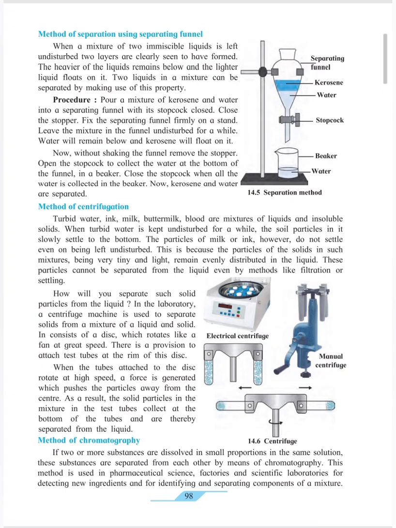Now let's discuss the method of centrifugation. The method of centrifugation requires a centrifugating machine into which the test tubes are fitted and which is then rotated. The heavier substance present in the test tube, like sand, dust particles or chalk powder in a liquid like water, gets settled down faster.